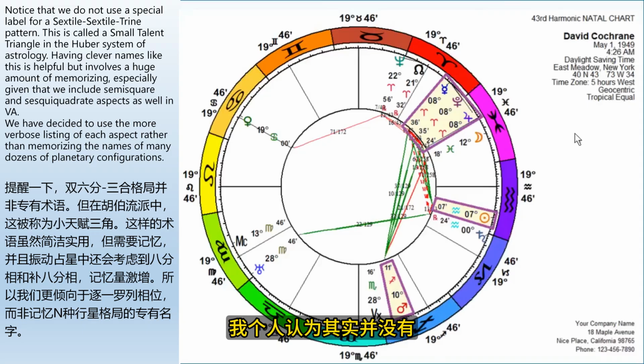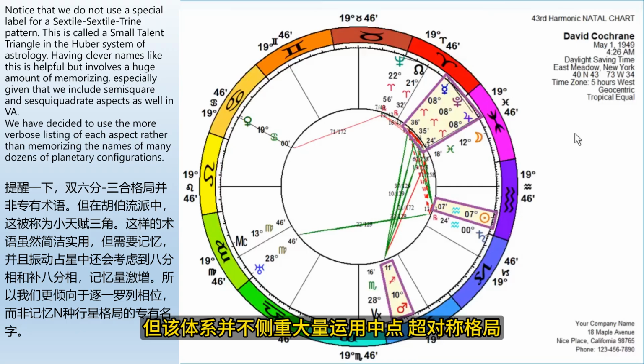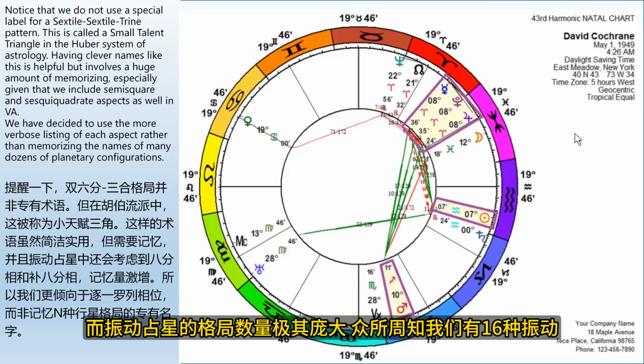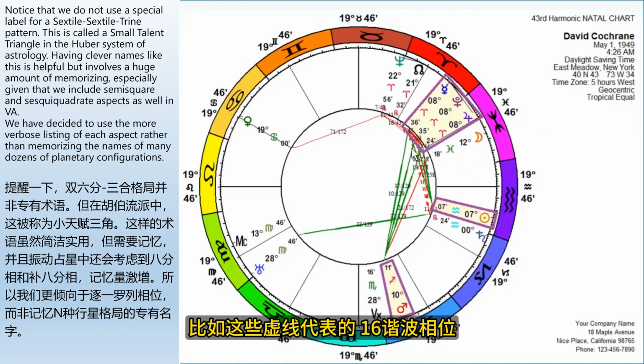Because the Huber system, that's great, but it doesn't use a lot of midpoints and all these supersymmetry patterns and isotraps. It's a different language. It's focusing a lot on different ideas, and one of them is basic planetary patterns. The number of patterns we have in VA is enormous because we have 16 harmonic aspects within, like, these dashed lines.